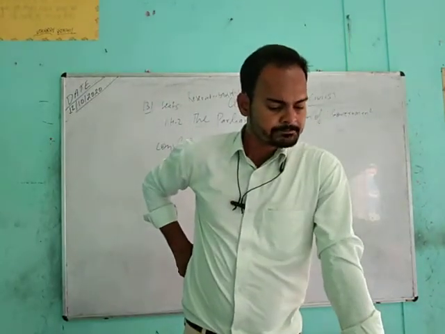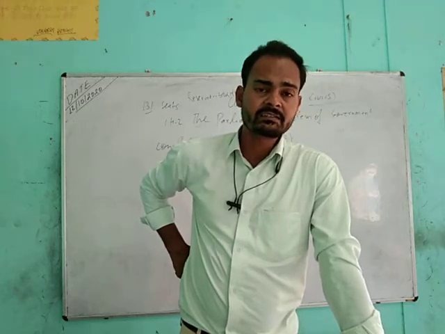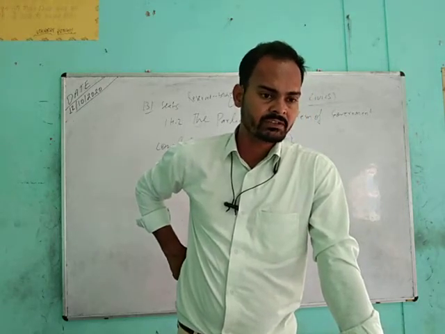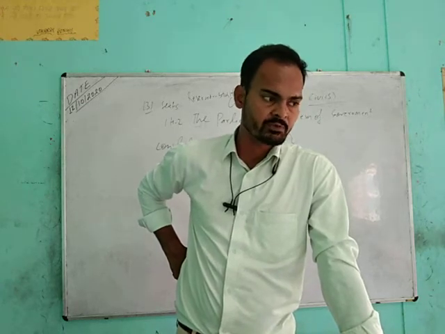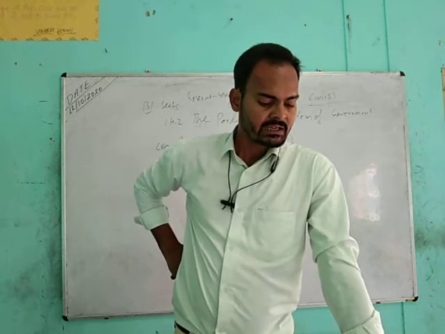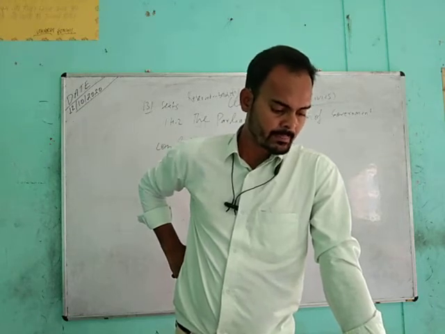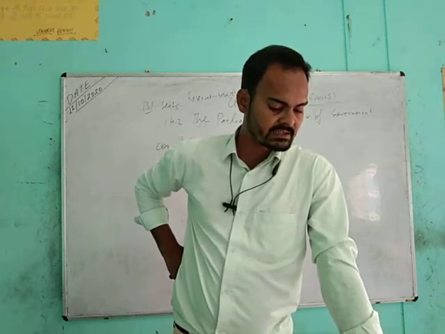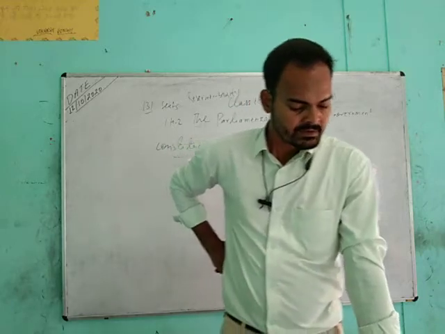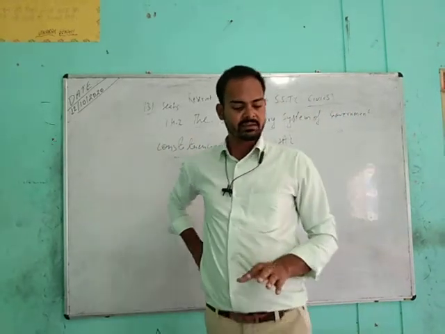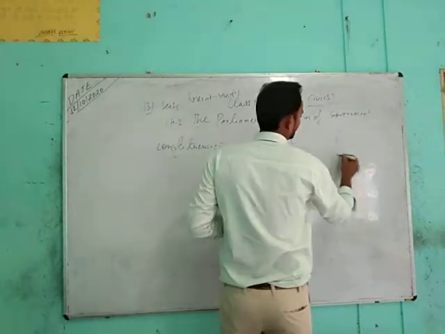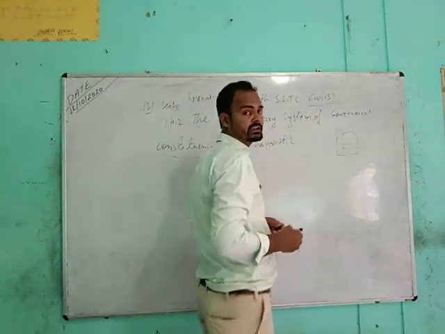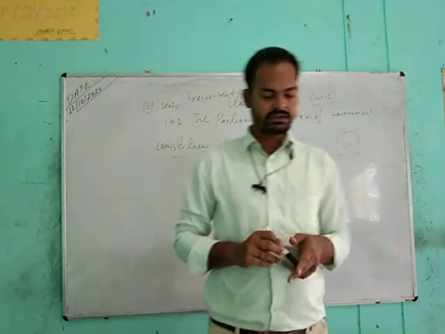So students, 18 years is the voting age, and anybody who is a citizen of India can vote for the Lok Sabha members. Voting during elections is done by secret ballot, and in the secret ballot box, voting is held.